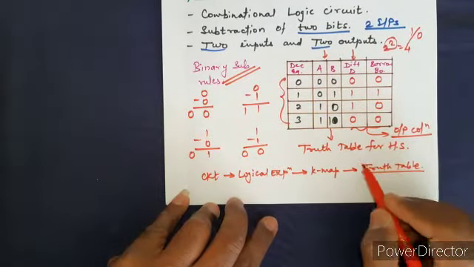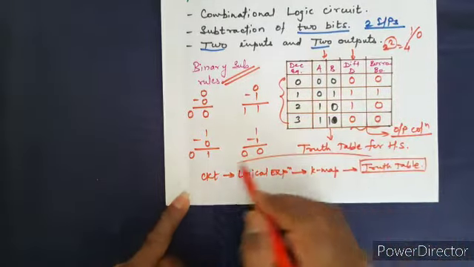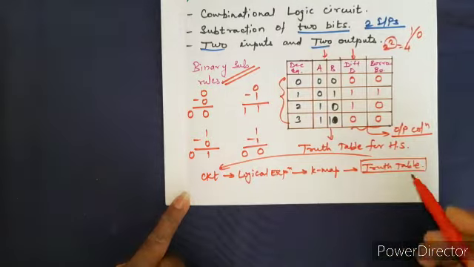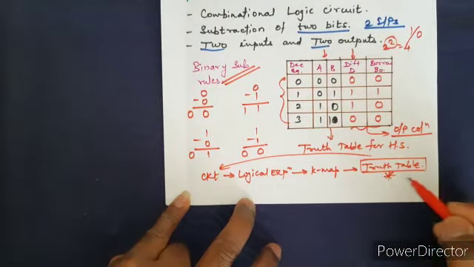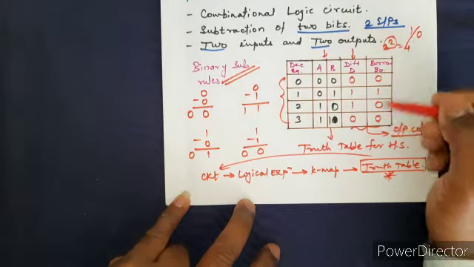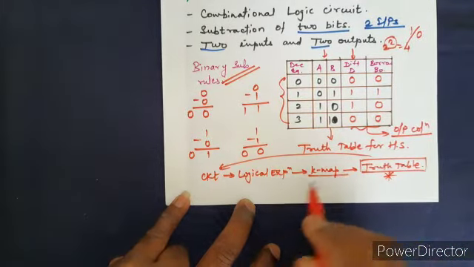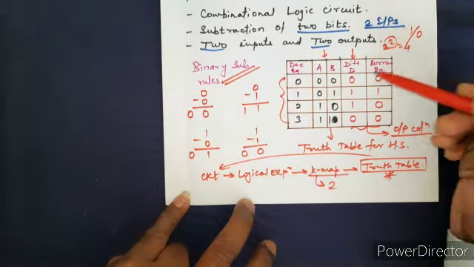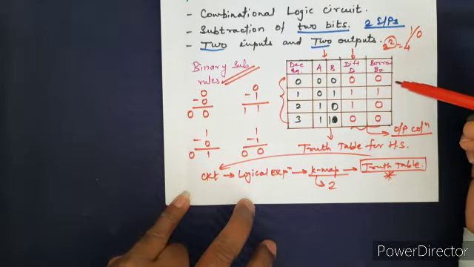So basically we need a truth table so as to draw this circuit, and then we need to go through these steps. So right now we are at this step, truth table. Then let us map these entries of the truth table for the K-map.